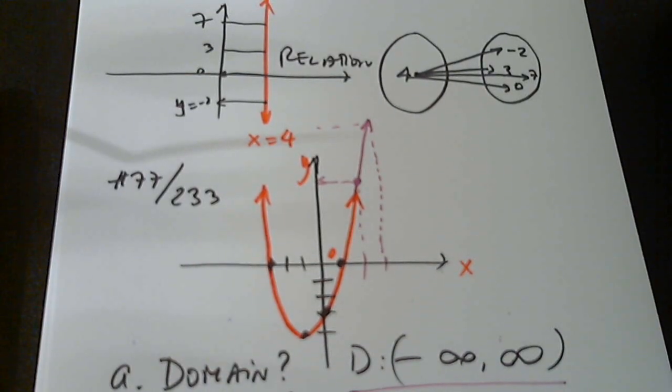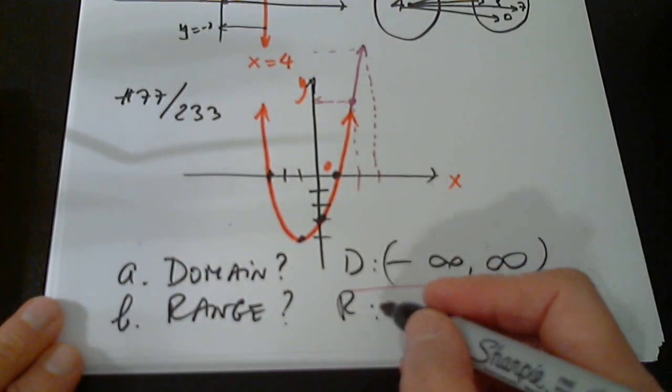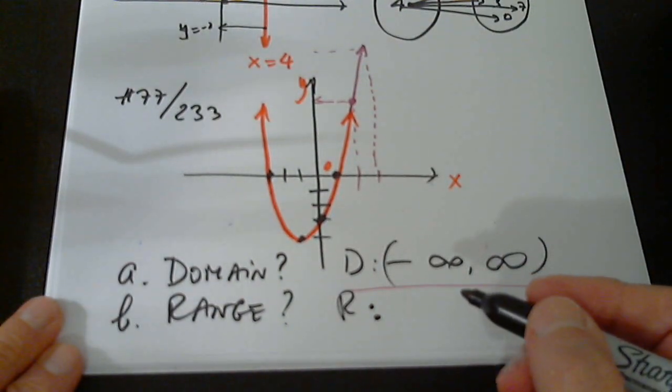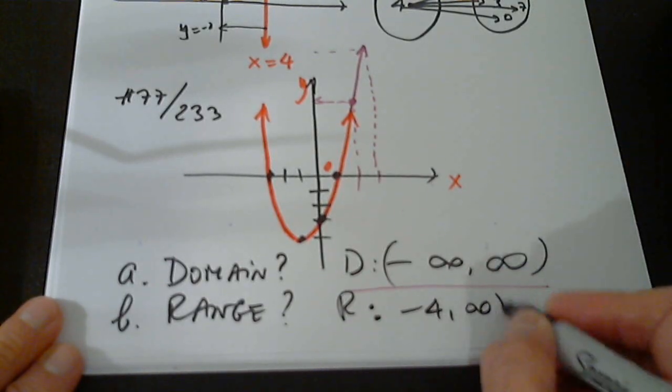Do I put a bracket at -4 or a parenthesis? If the point exists, I have to put a bracket. If the point is an open point, then I have to use parenthesis. So it was indeed -4 to infinity.